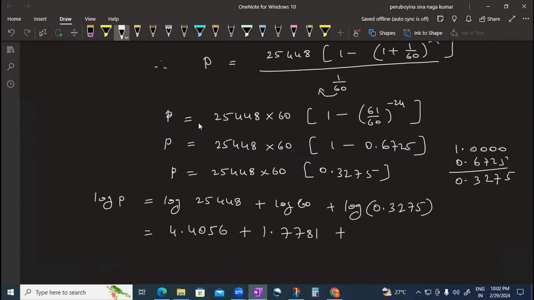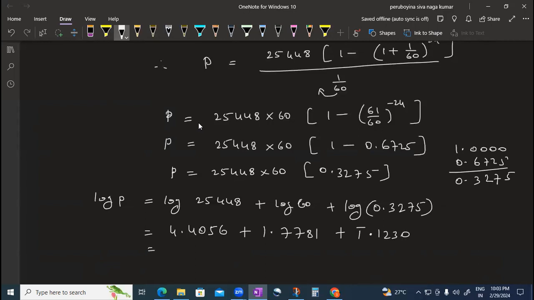Plus log 0.3275, which is 1 bar .5152. All are added.